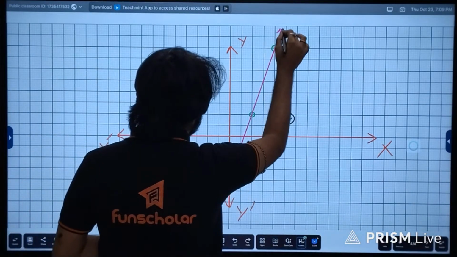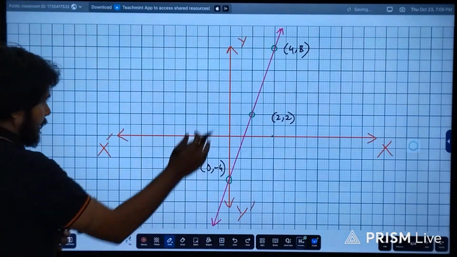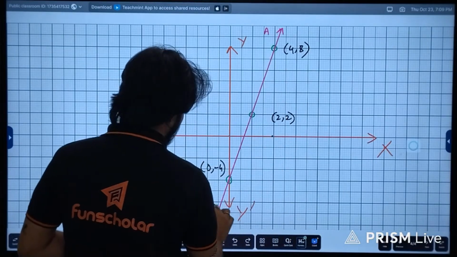Put the arrows. Okay, so give it a name, AB.